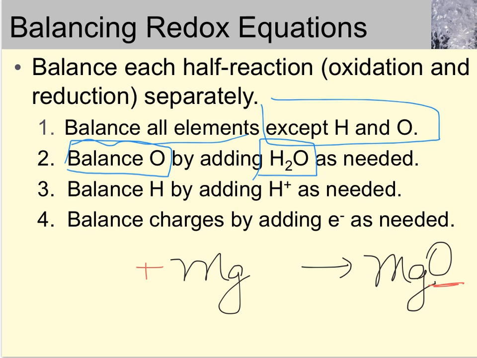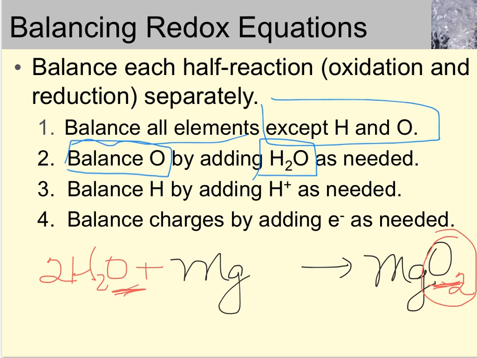What you would do is add H2O to whatever side needs it so that you have the same number of oxygens on both sides. Now, if you had two oxygens on this side, you would have to add two water molecules on the other side to balance it.